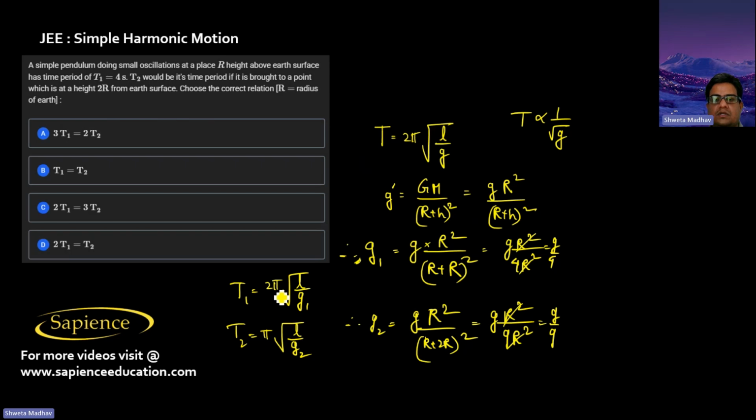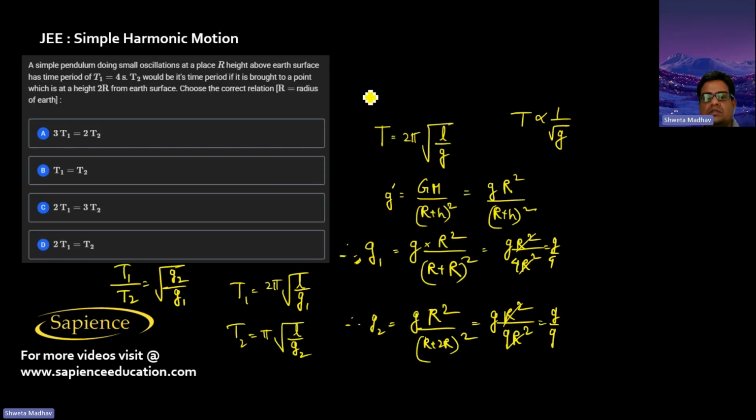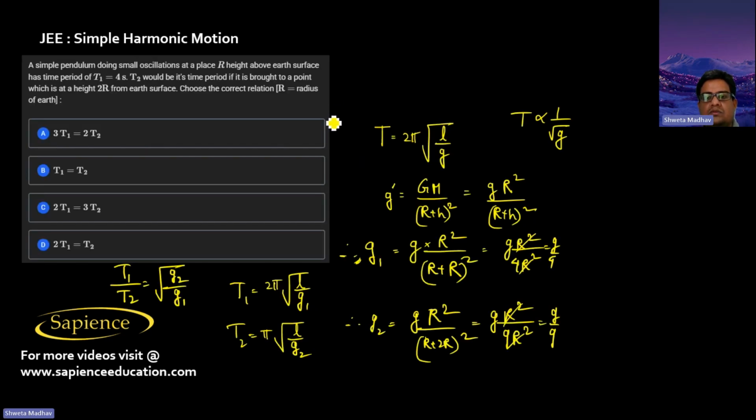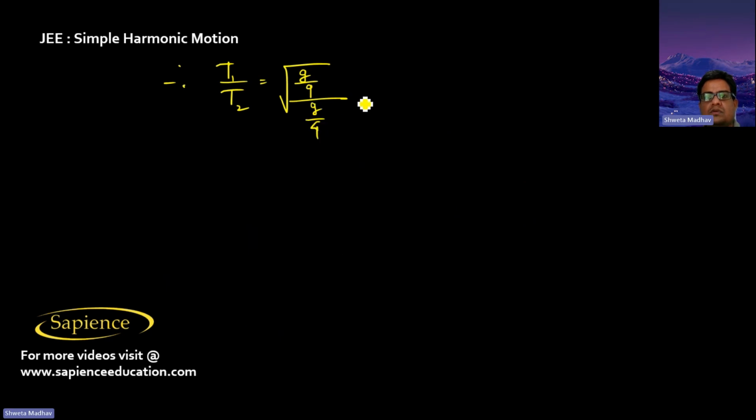So now, from here you can see that T1 by T2 is equal to root over g2 by g1. Therefore T1 by T2 will be equal to root over g by 9 divided by g by 4.